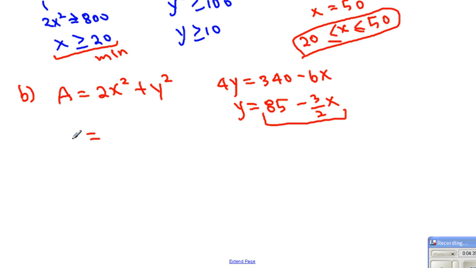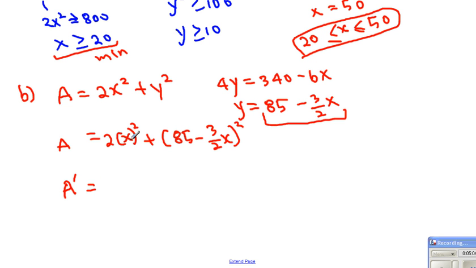Then the area must be 2x squared plus (85 minus 3 over 2 x) squared. Because the number is somewhat large, I'm not going to expand it, I'm just going to leave it as it is.